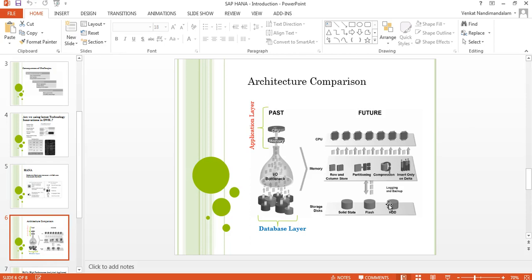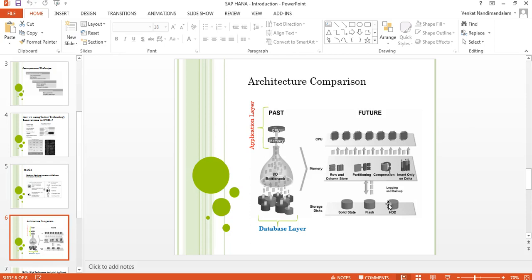Because when we talk about HANA and we say it's memory, what happens if you have a power failure or system shutdown? Whatever you have in RAM will vanish because it's volatile, it's not non-volatile. So when we are talking about a volatile system, you need to have a backup, so that if something goes wrong, you can quickly pick up from that source and put it back in your HANA, because every time the power goes off, you cannot go back to the source to load the data again.